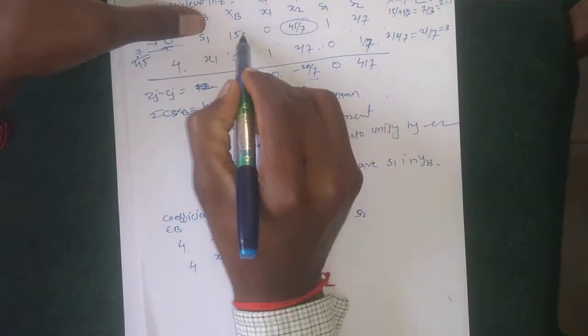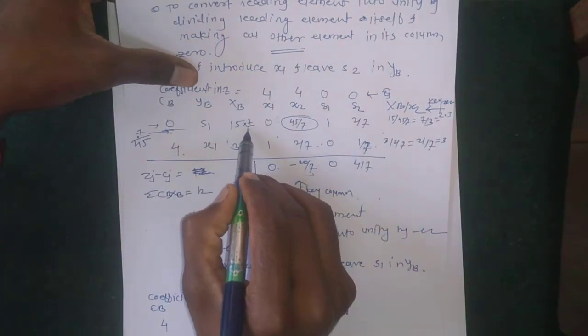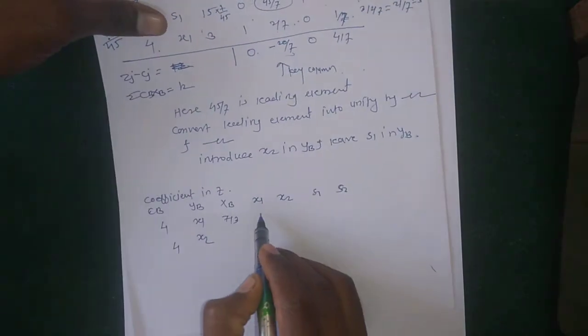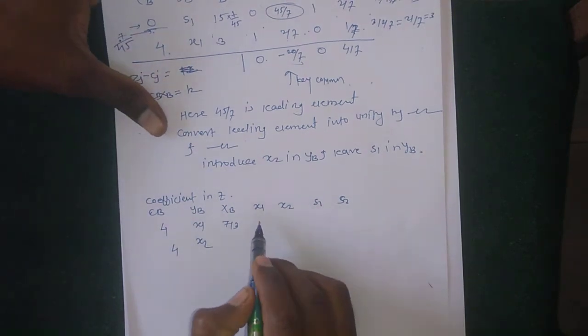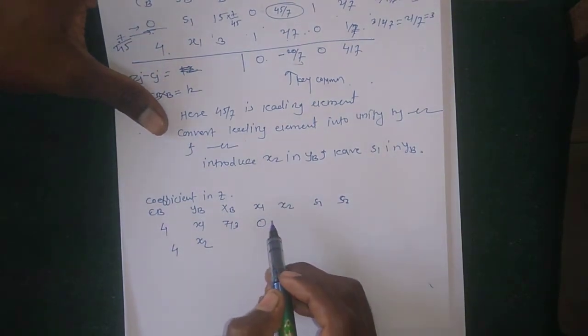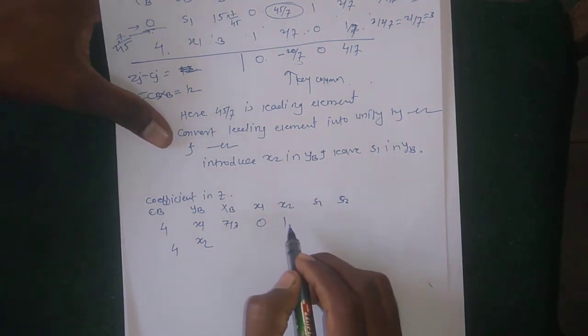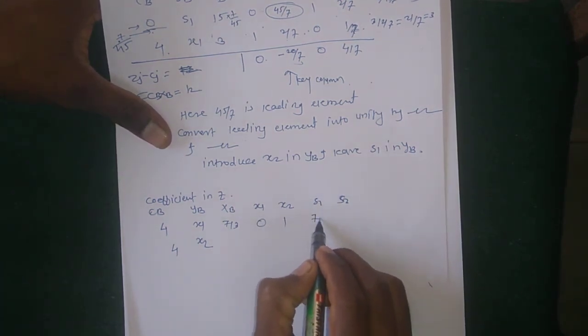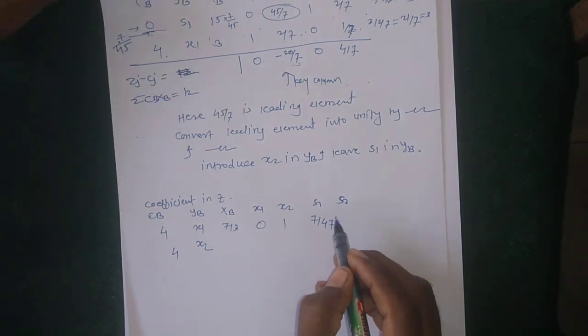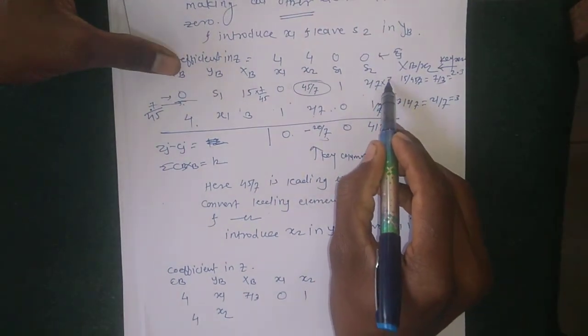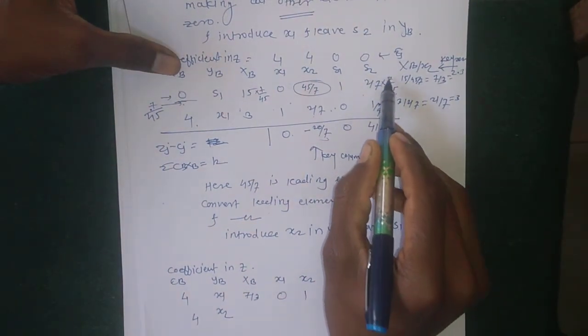Okay, 15 into 7 upon 45, then 7 by 3, 0 into something 0, 45 by 7 into 7 by 45, 1. Lastly 2 by 7 into 7 upon 45, 7 get cancelled, 2 by 45.